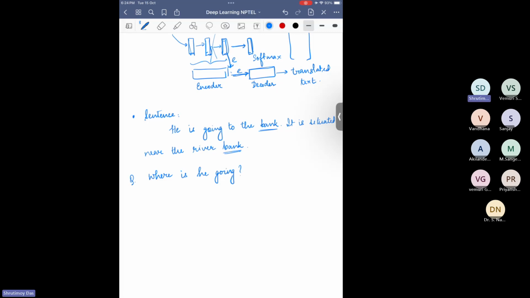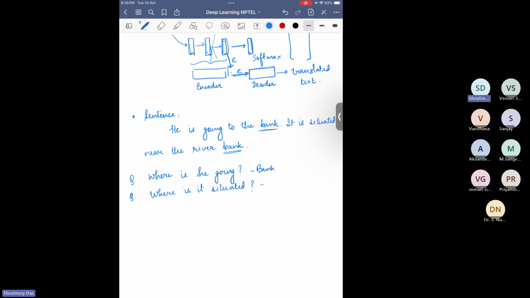Now you should answer that. Okay, he is going to the bank. By this bank you mean the bank where you have money. Or now the question is, where is it situated?